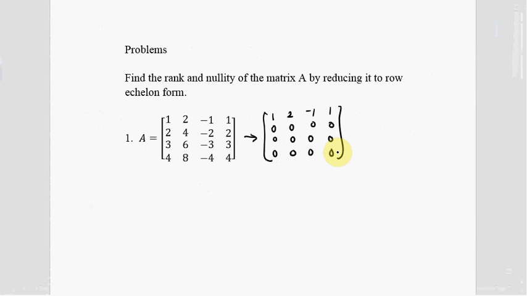Now the rank is the number of vectors in the row space. Well, the row space tells me that wherever I have a leading 1, you count that row for the basis. We only got one leading 1, right? So here the rank of A is equal to 1. How many vectors do I have in that basis? The nullity is the number of vectors that I have in the so-called null space.